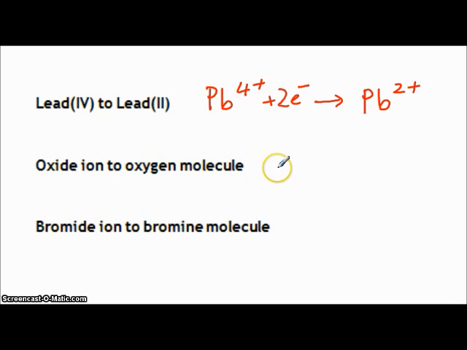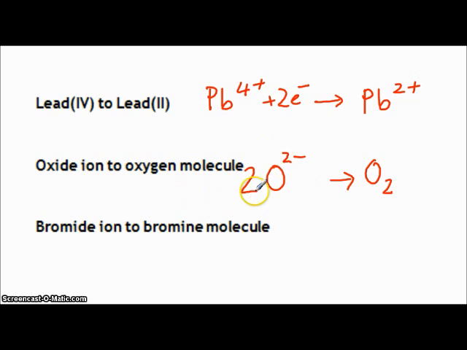Alright, the oxide ion, that's the O2 minus ion. The oxygen molecule is the O2 molecule. In this case, we've got one oxide ion and 2 oxygen atoms, so we need to put in a 2 there to balance.